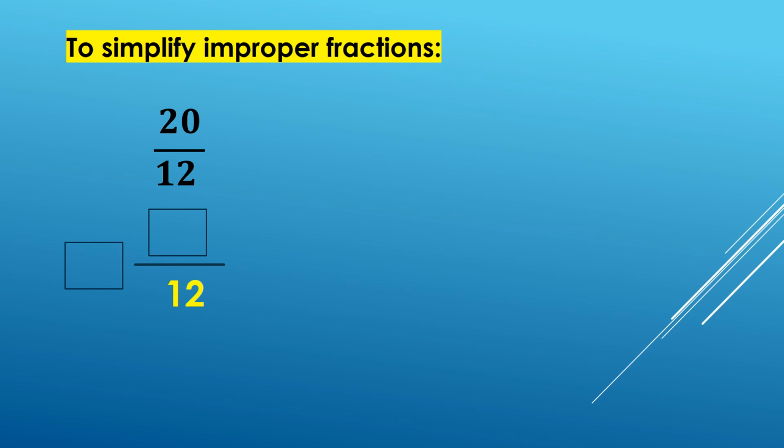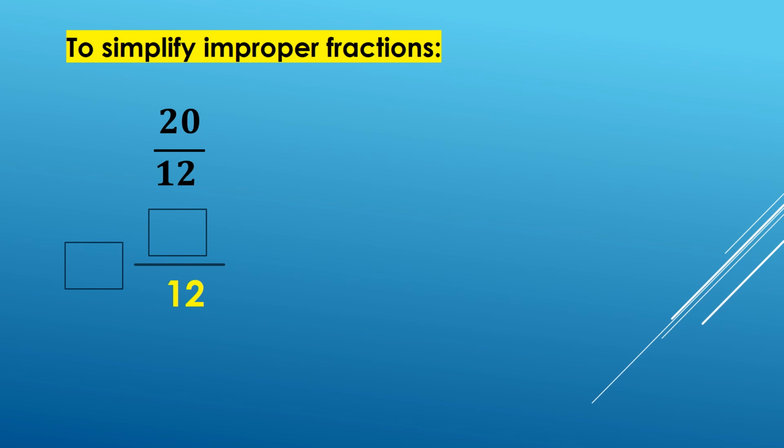So this is my denominator and the rule says Q, R, D. So what do I have to do? I have to divide 20 by 12. So what's 20 divided by 12?